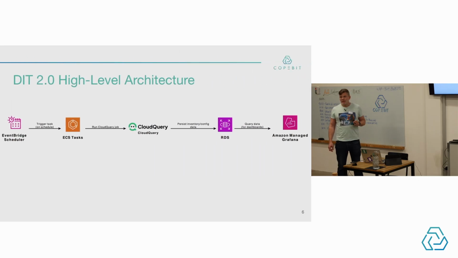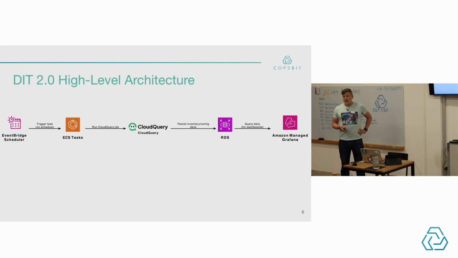So, the high-level architecture. It's called 2.0 because we had it before, but did it quite manually, kicking off tasks manually. Now we've defined the whole thing in Terraform code and also run it on a schedule, so we don't do any manual touching of this tool. It's just running in the background and it's all managed services, so we don't have to worry about that.